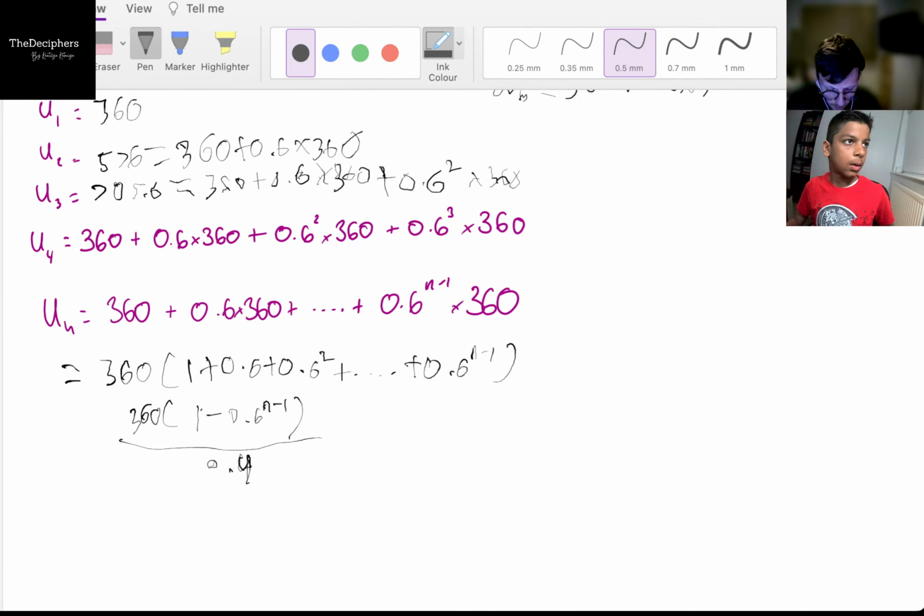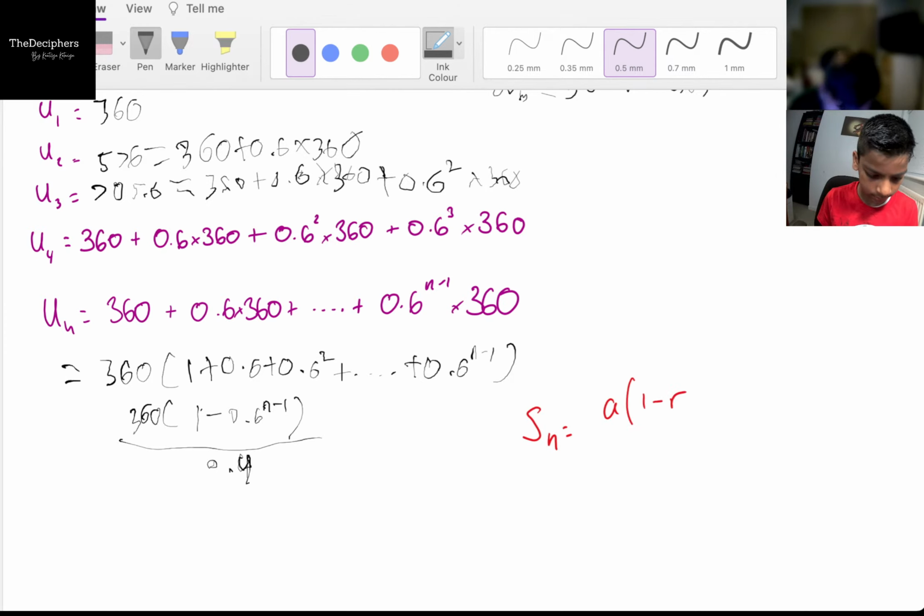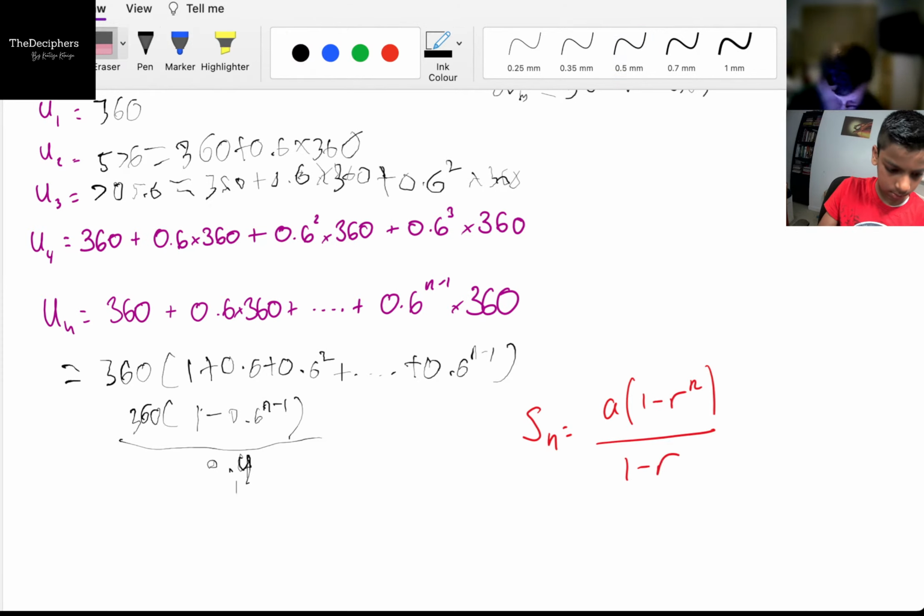Oh, can we simplify that? Remember the formula for S n is a bracket 1 minus r to the n over 1 minus r. It's r to the n minus 1 in u n, but it's r to the n in S n.